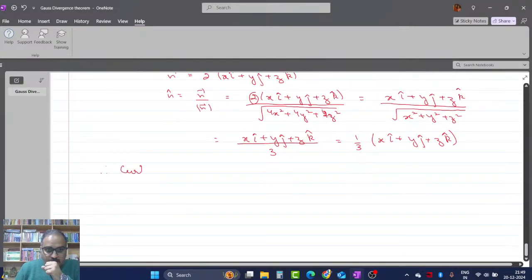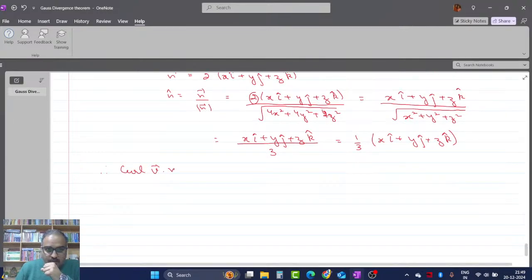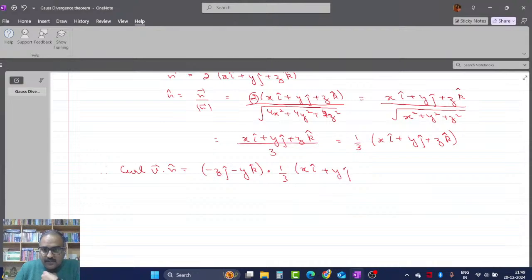Therefore curl of v dot n cap, curl v आपके पास जो आया था that was minus of z j cap minus of y k cap dot 1 by 3 x i cap y j cap z k cap.